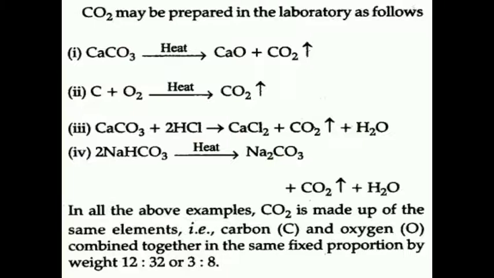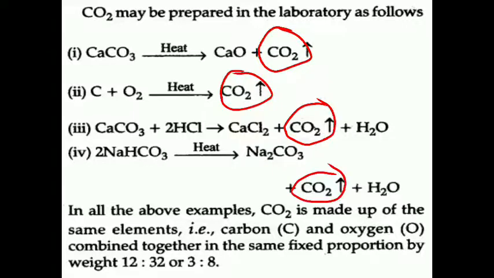I have another example, carbon dioxide. I have mentioned here 4 different reactions in which one of the products is carbon dioxide. So you obtain carbon dioxide by any method, but every time carbon dioxide is always made up of carbon and oxygen.